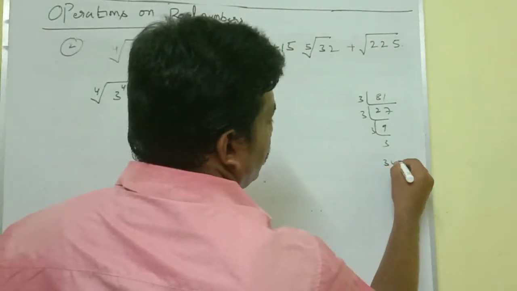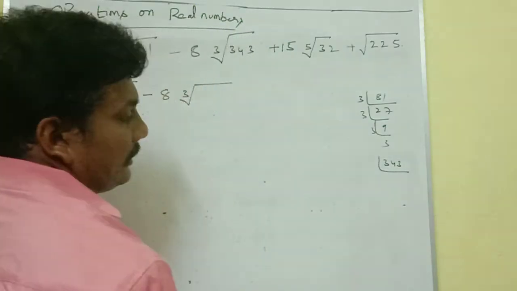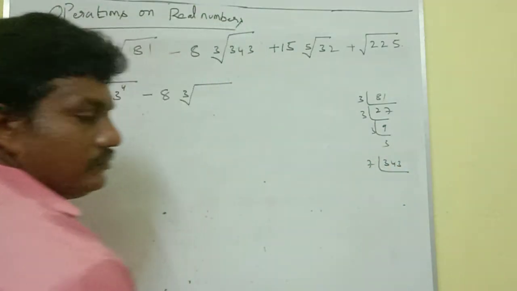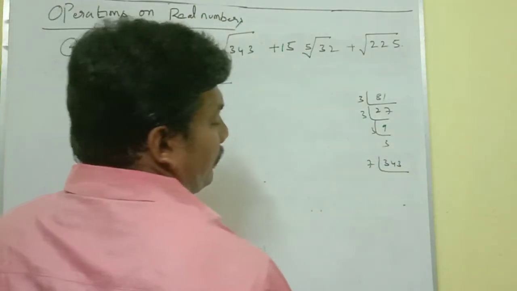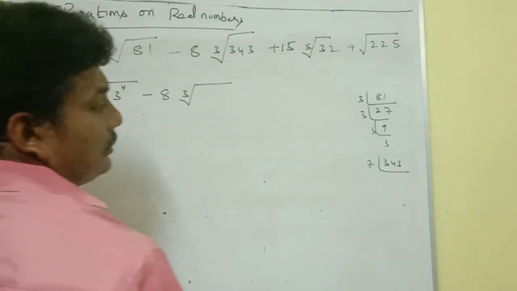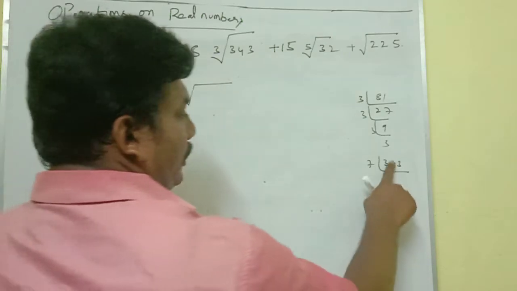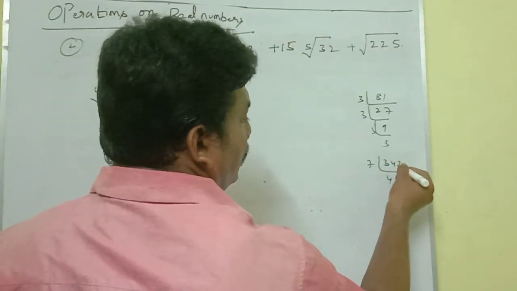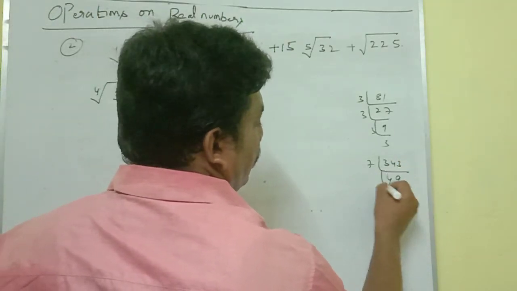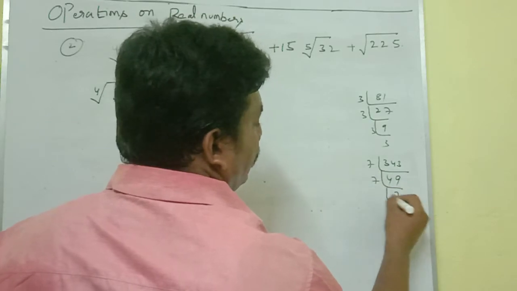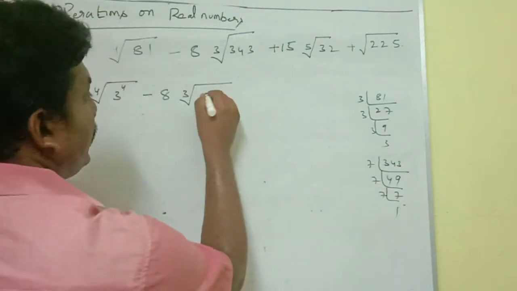So 343 also we are going to divide by 7. 7 fours are 28, 7 nines are 63, 7 sevens are 49, 7 ones are 7. So 7 appears 3 times, 7 cube.